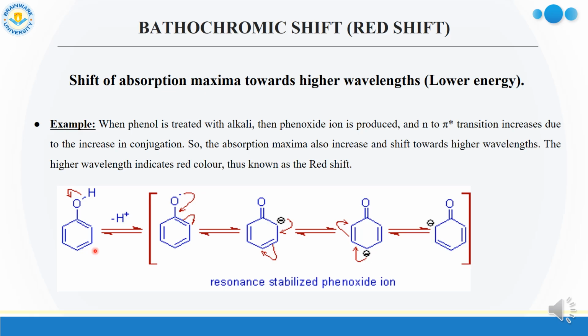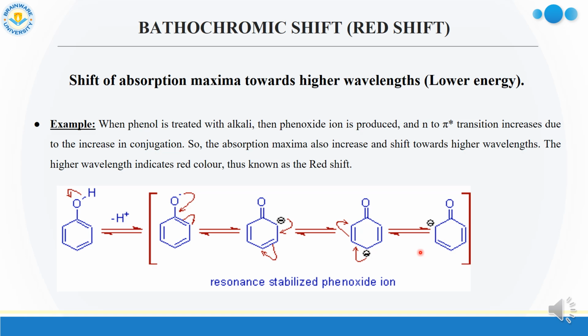There is an example. Suppose phenol is treated with alkali. What will happen? This proton will be abstracted by the OH minus ion. So a phenoxide anion will form and the resonance will increase due to the availability of the electron pair on oxygen. As the resonance increases, the energy of the system decreases.